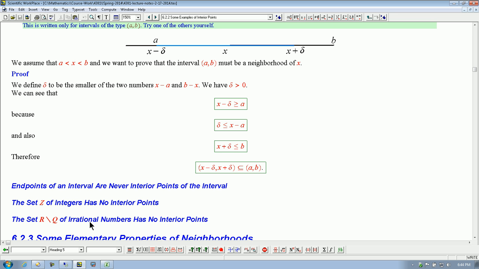So if your set was the set of irrational numbers, it would be impossible to find a solid interval that was a subset of that, because any interval is going to have some rational numbers in it as well. And so it can't be a subset of that. And as Julie was trying to say, the same goes if you were working with a set of rational numbers, because in any interval there are also irrational numbers.